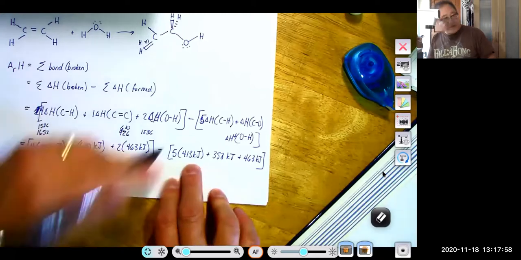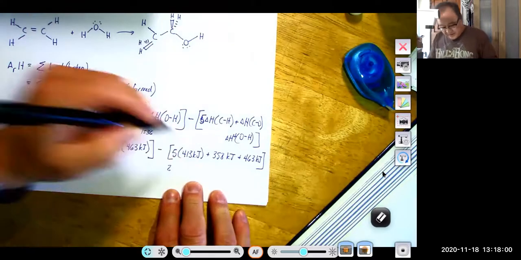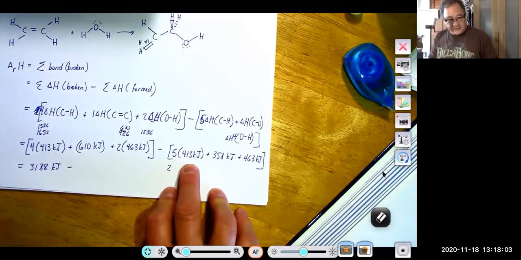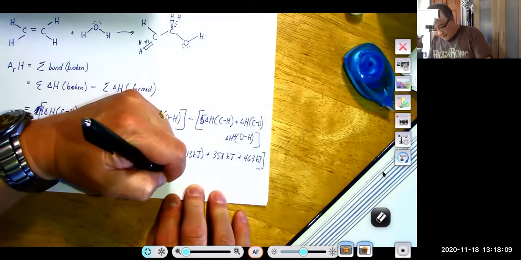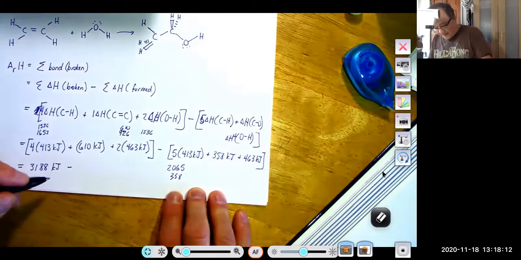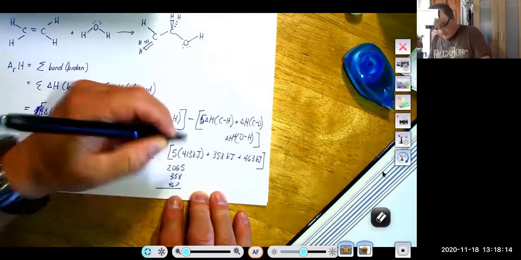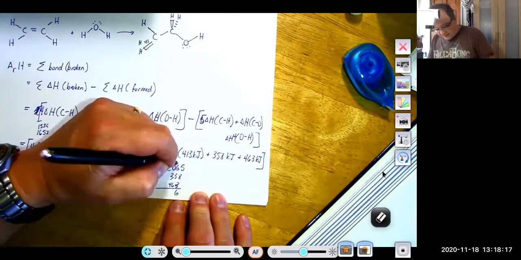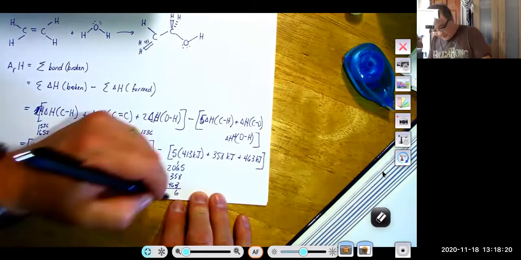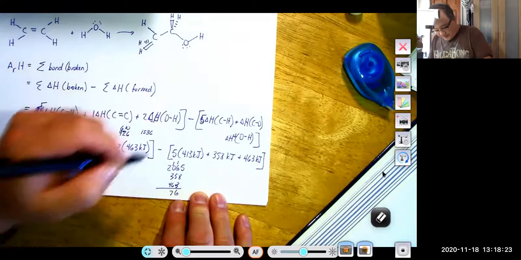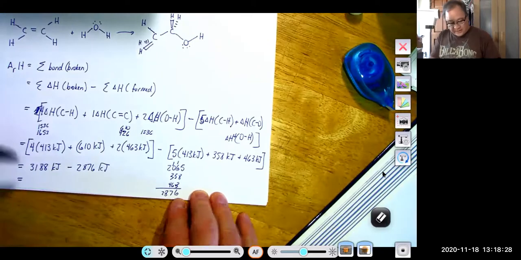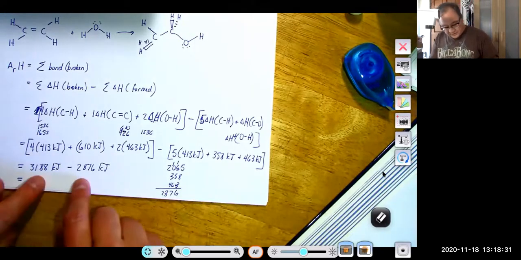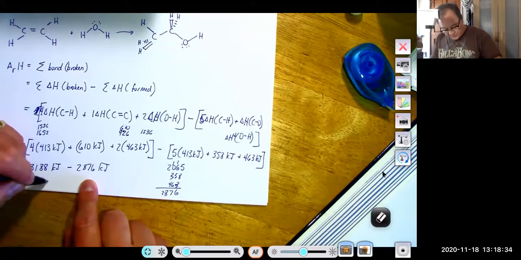And here we get 5 times 413, which is 2,065, plus 358 and 463. So minus 2,886 kilojoules. So the enthalpy of this reaction is going to be the difference between these two, which is 302 kilojoules.